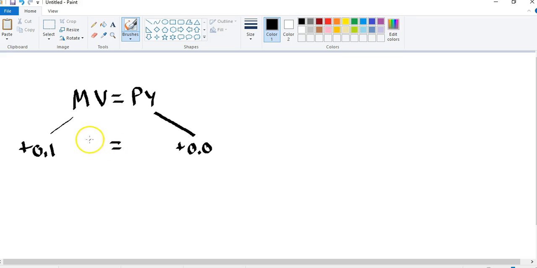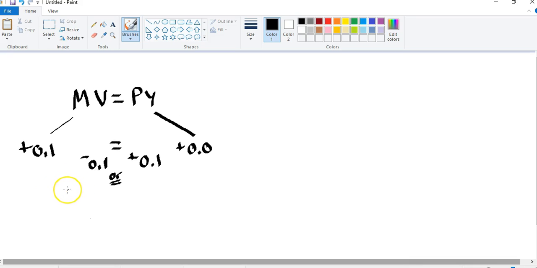So to balance, we either need to have a velocity decrease of 10%, or we can have a price increase of 10%. In either case, the equation is going to balance as a result of the change.